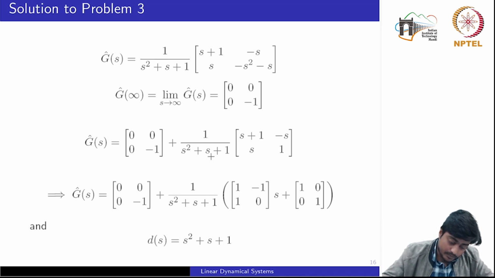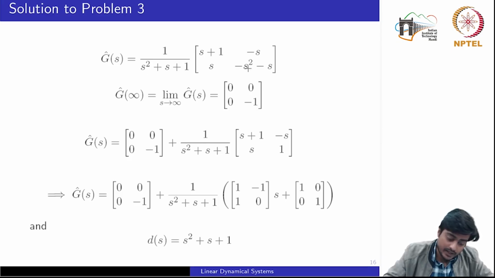Now the strictly proper part is pretty much straightforward here. The matrix is already given in that form, where you can directly take this part as the denominator polynomial. The numerator polynomial we would take as this one, because if you see the first, second and third elements, all those elements have a degree less than the degree of this denominator polynomial, while this polynomial has a degree equal to this polynomial.